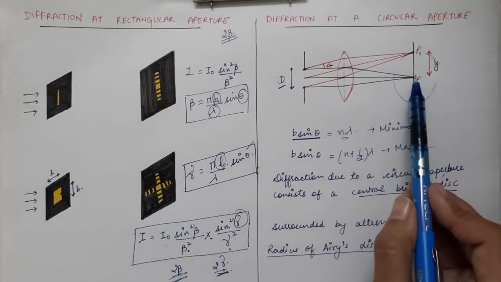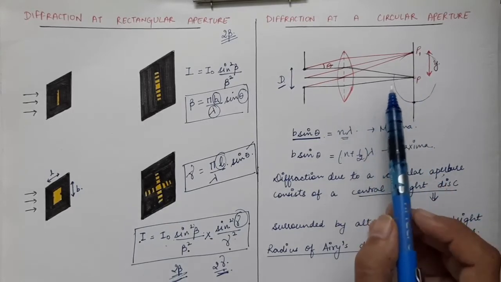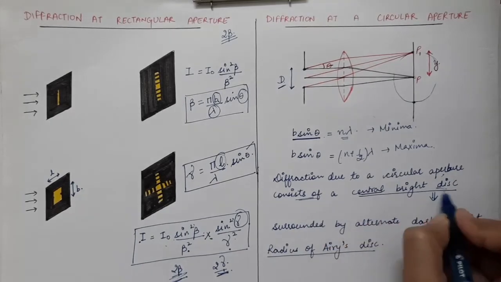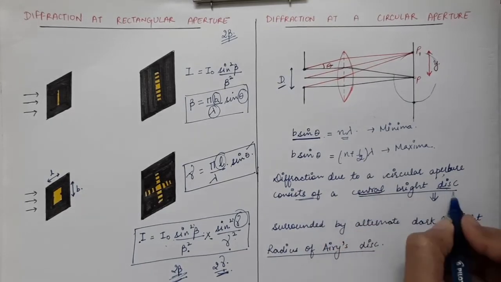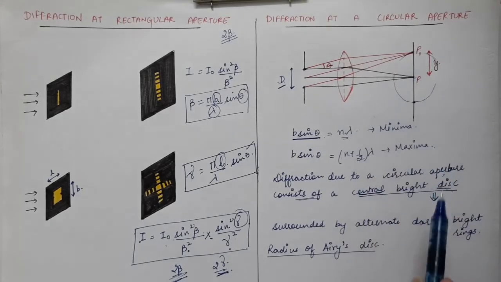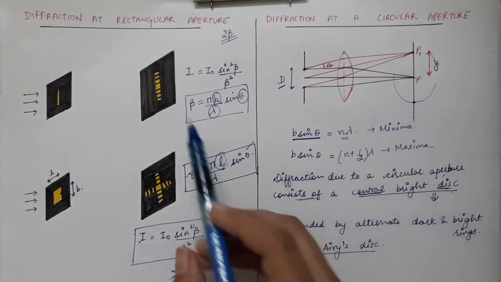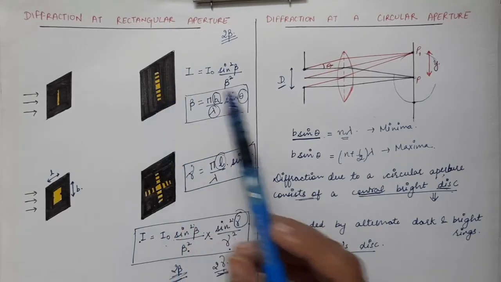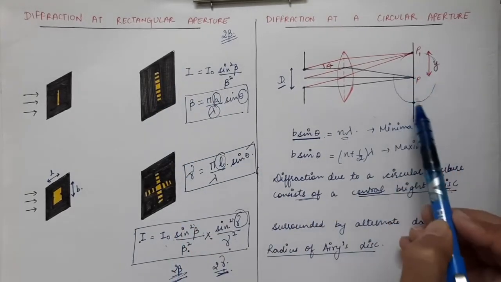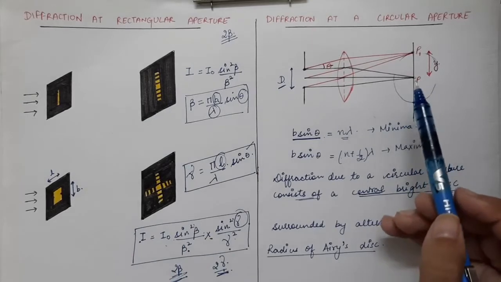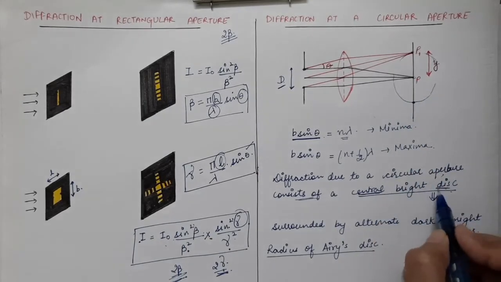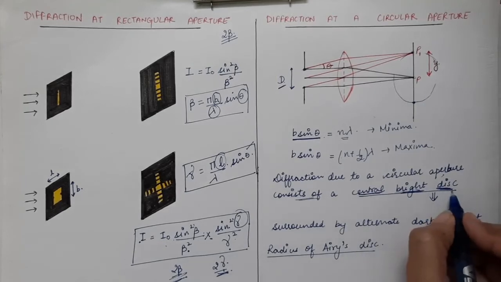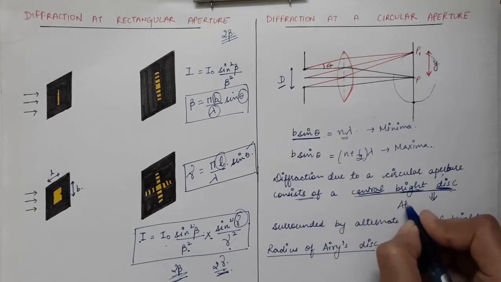The central disk which is obtained will be bright. As we had seen, the center always has maximum intensity. In this case the central disk will be circular in shape, having maximum intensity, and that disk is called Airy's disk.